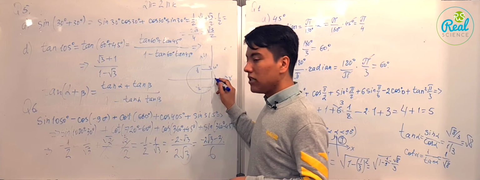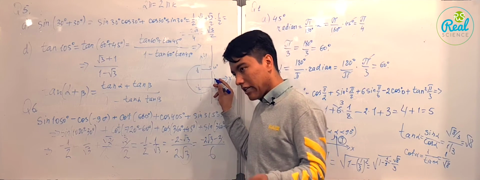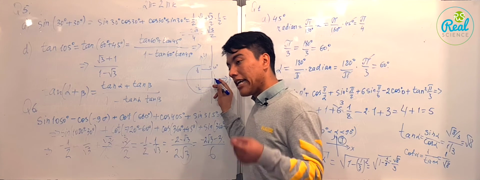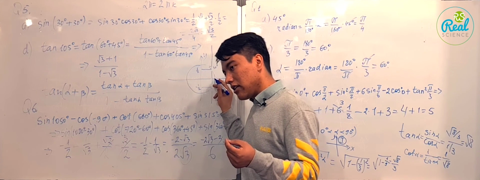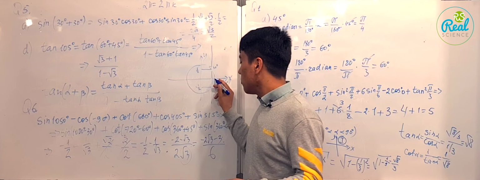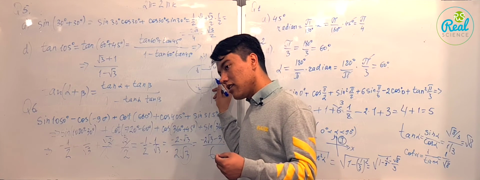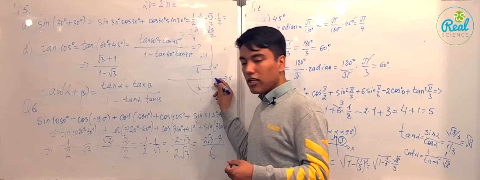If you start from this point anyway, you're gonna come here after 360, again here. Again you are here after 360. It's 360 degrees, but you are here. What about the next 360? Now it's going to be 720. But anyway, you are here.